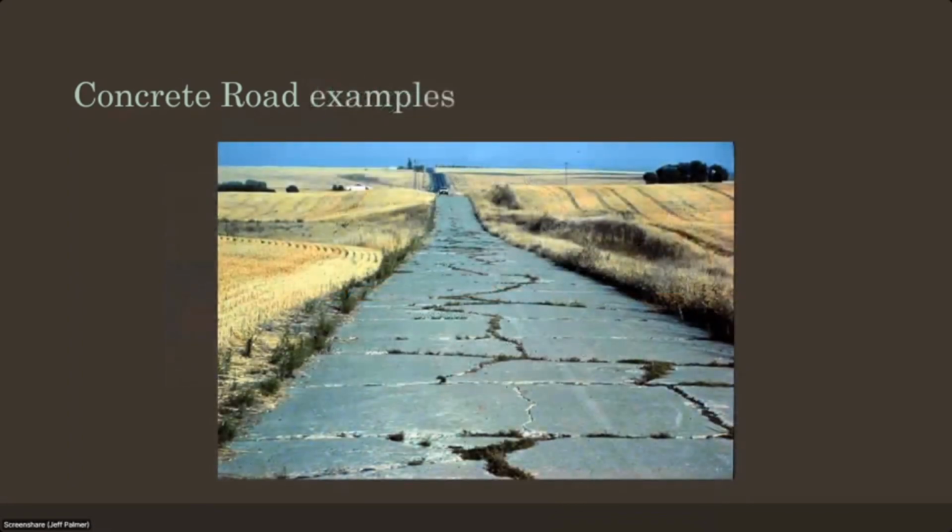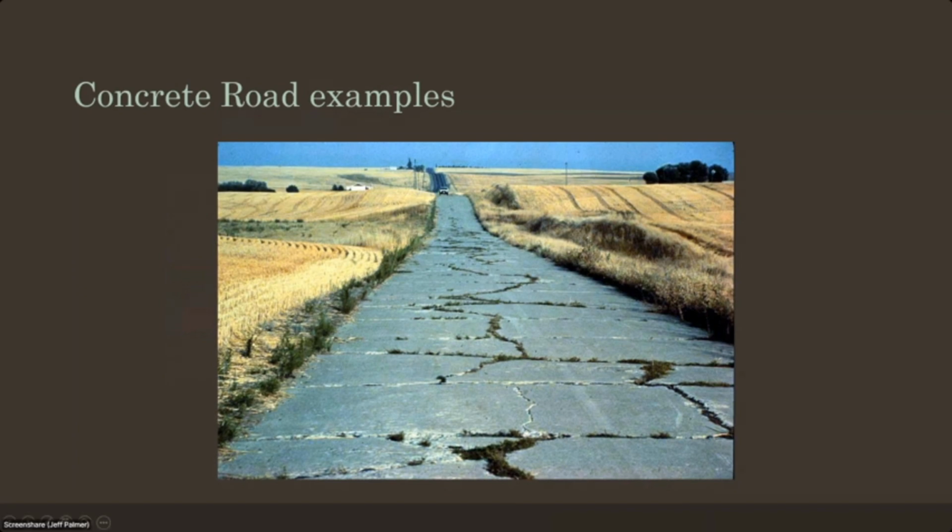But here's what happens when you have a lot of neglect for a concrete road. Now, to me, this is an interesting modeling challenge. I have not tried this one yet, but I saw this particular road. And I said to myself, this is a modeling challenge. Look at it. I mean, this road, it has been neglected.